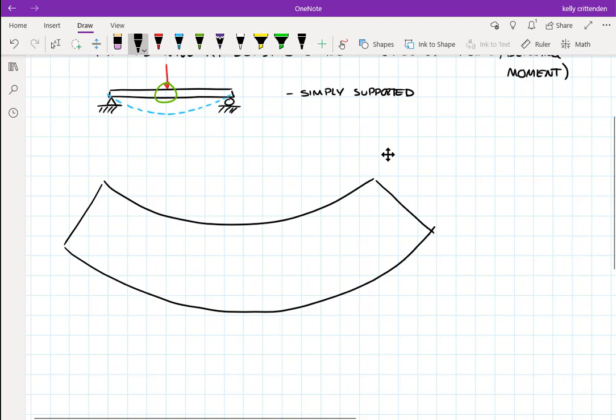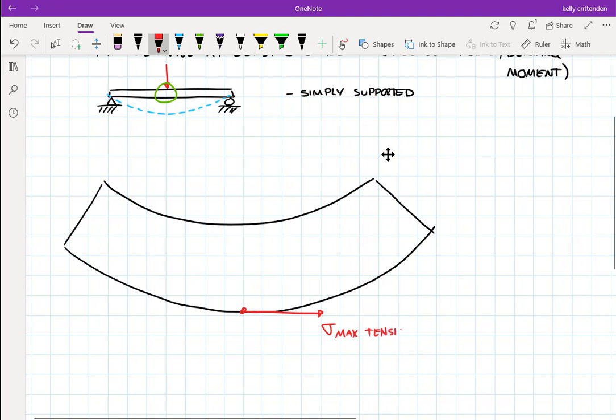It's not an optical illusion. That one really is longer. It really has stretched out on the bottom. So somewhere down here at the bottom, it has stretched, and there's some maximum tensile.